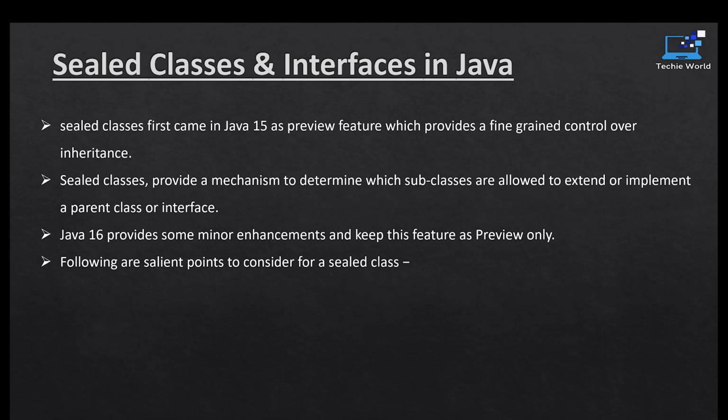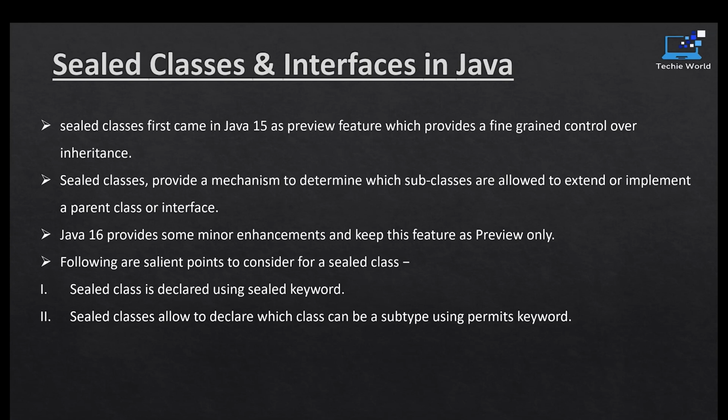So that's the first point: a sealed class is declared using the sealed keyword. Now, whatever classes you write after the permits keyword can be either final, non-sealed, or sealed. You cannot write simple classes like normal classes.